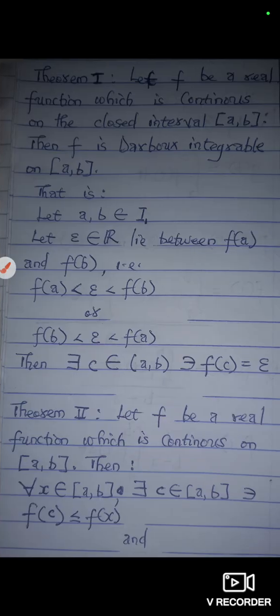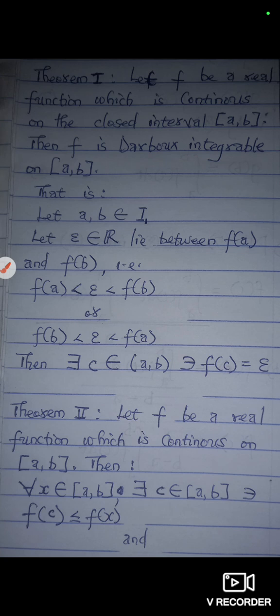And what does it mean for f to be Darboux integrable? F is Darboux integrable if, in that interval AB, we can find a real number lying between the function values at the two ends, such that we can find another real number in that interval such that the function at this second real number C is equal to the first number we chose.